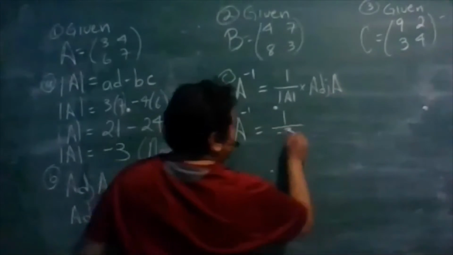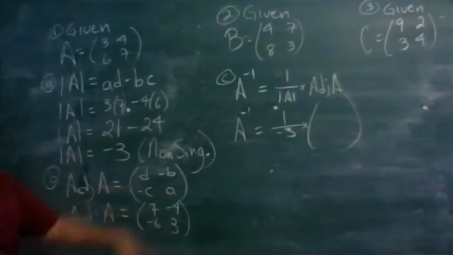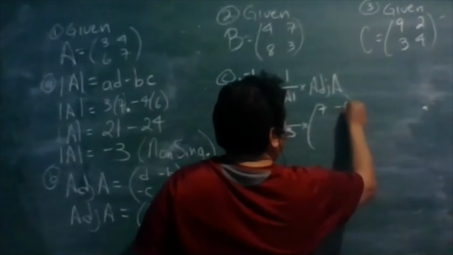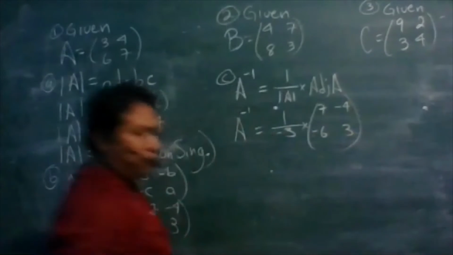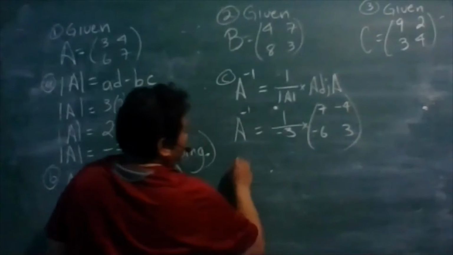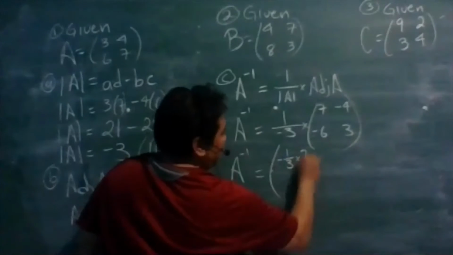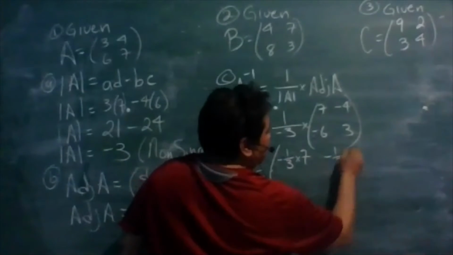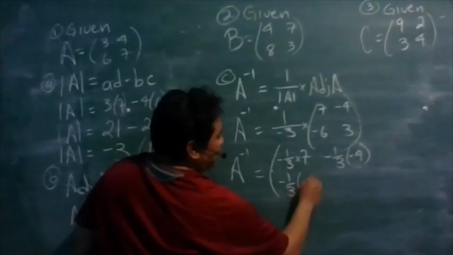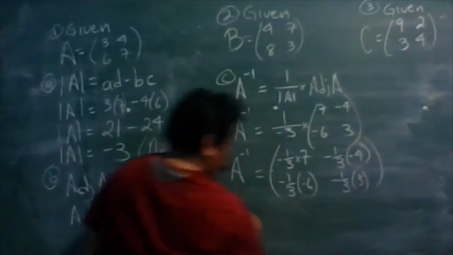So 1 over -3 times, and I'm going to put the adjoint that I calculated, 7, -4, -6, 3. And I'm going to scalar multiply that. So A to the -1 is equal to -1/3 times 7, -1/3 times -4, -1/3 times -6, and -1/3 times 3.